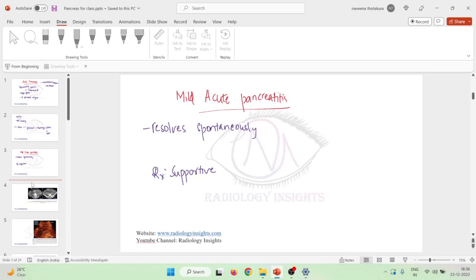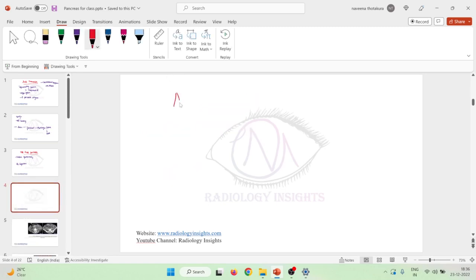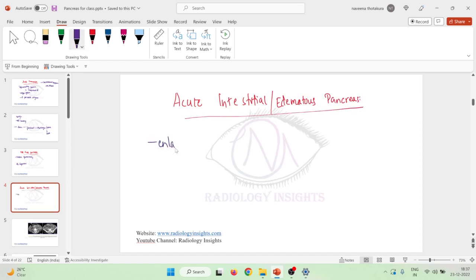Then we have the second type, which is acute interstitial or edematous pancreatitis. In this stage we see changes in the gland. The pancreatic gland might be enlarged and congested.